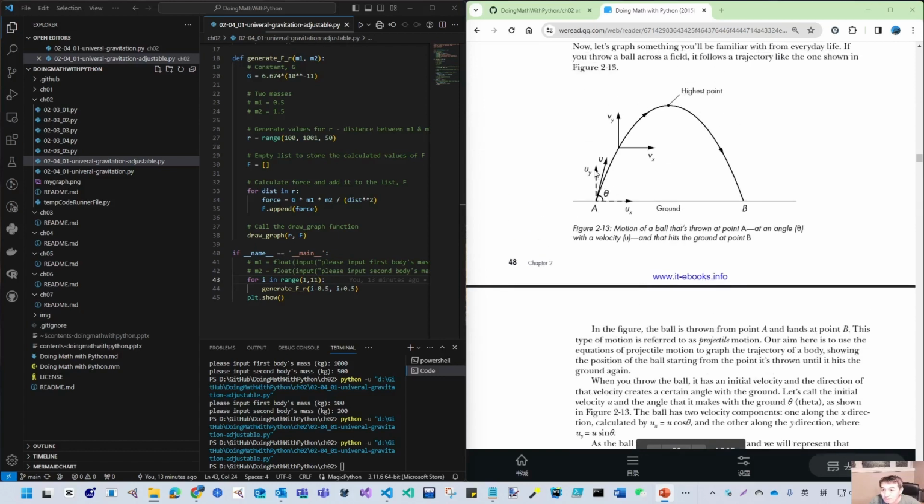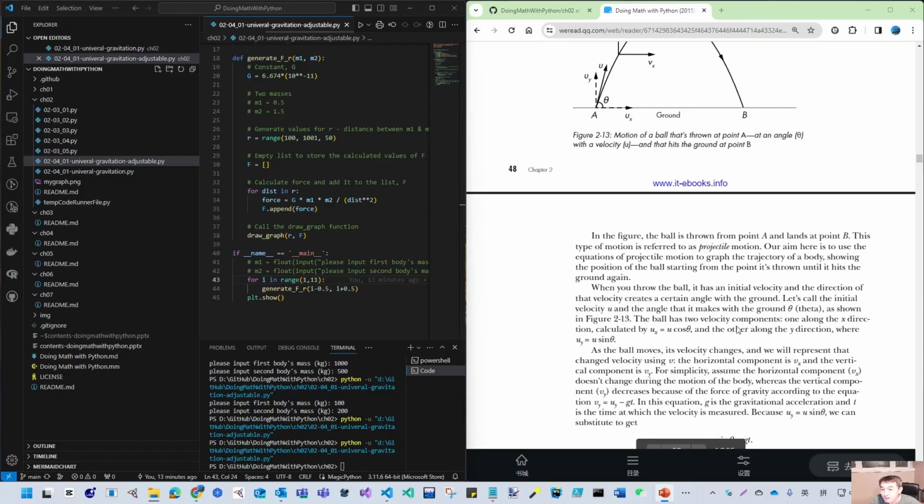Then through this calculation we split our velocity on the x-axis and y-axis. We split u into ux and uy, based on cosine and sine. u times cosine theta is the x-axis velocity, and u times sine theta is uy.